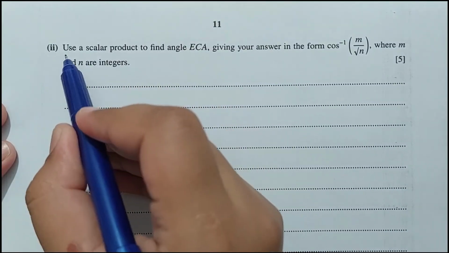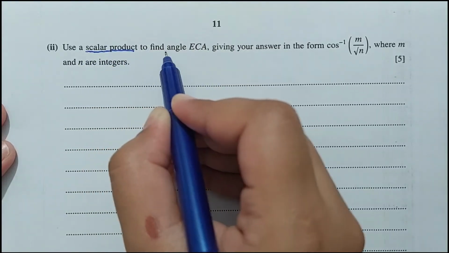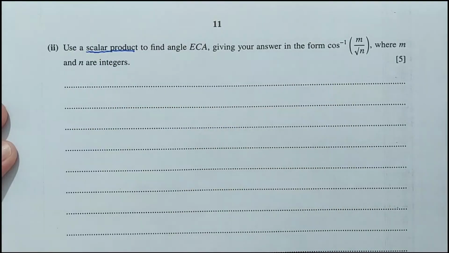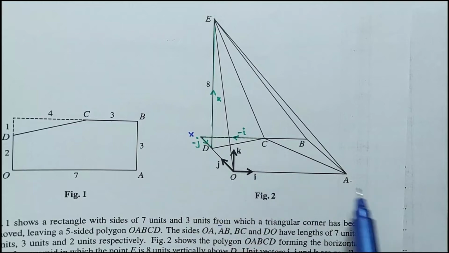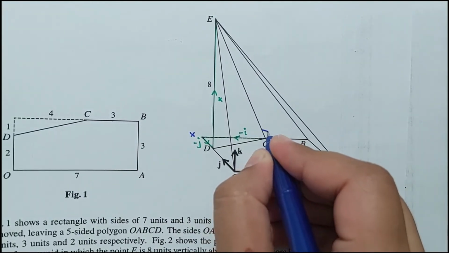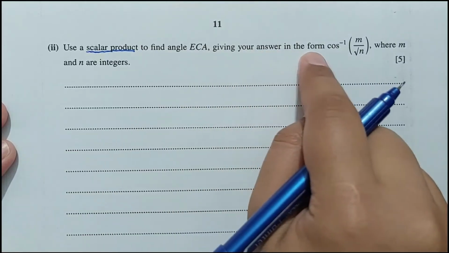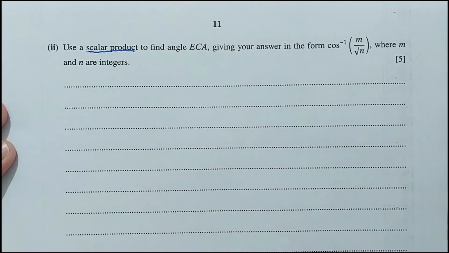Now for the second part, use a scalar product, which is the dot product, to find the angle ECA, giving your answer in the form cos inverse of m over root n, where m and n are integers.